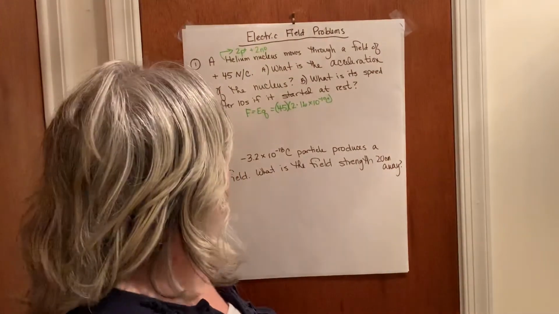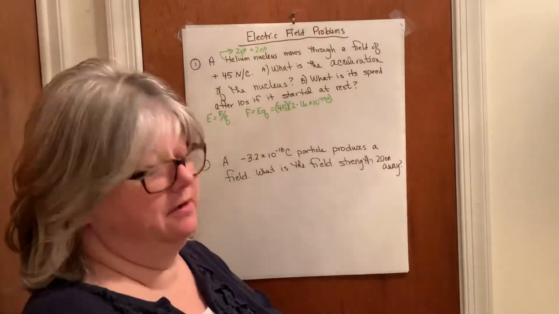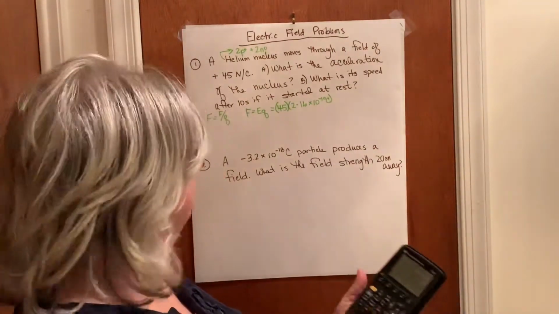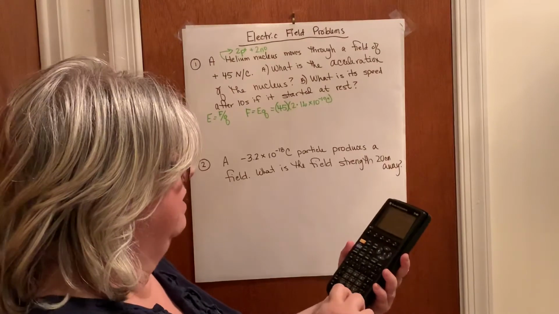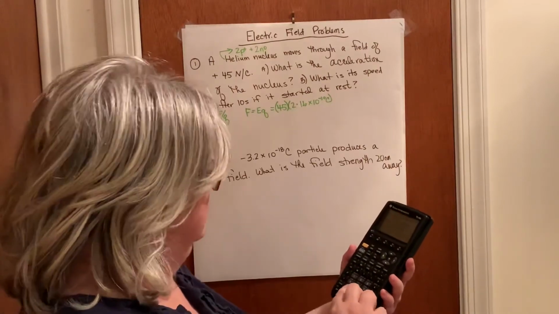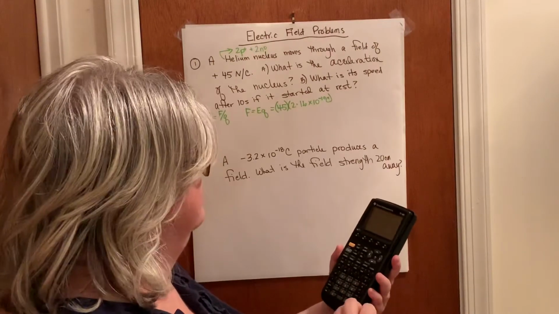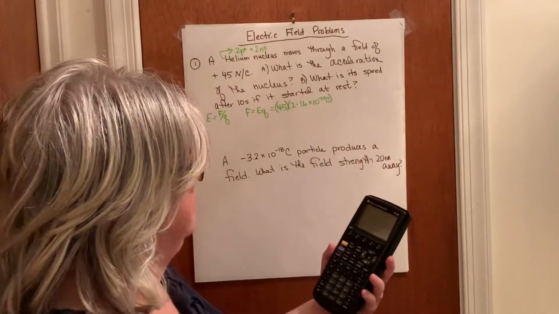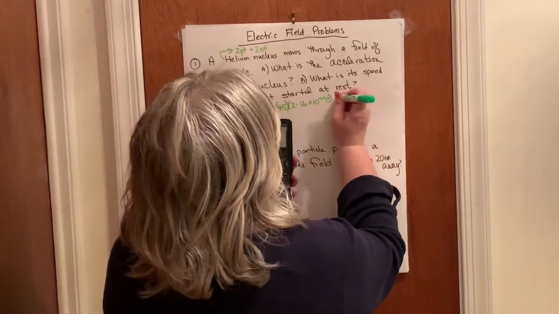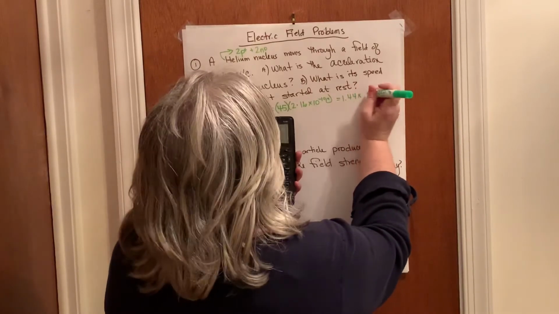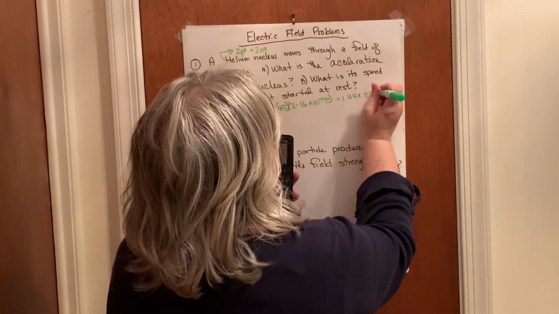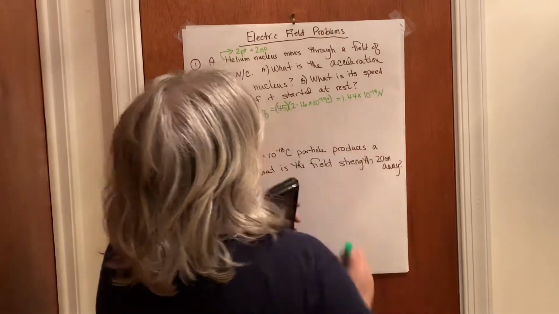Now all I have to do is hit this into my calculator. 45 times 3.2 times 10 to the negative 19th gives me 1.44 times 10 to the negative 17th newtons.